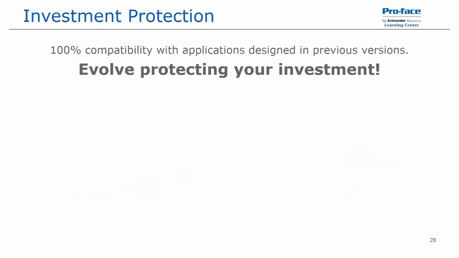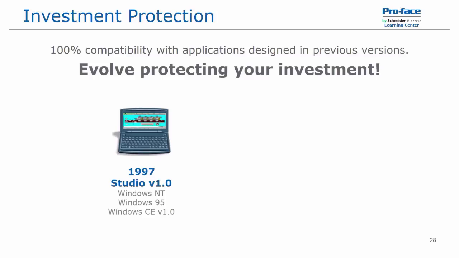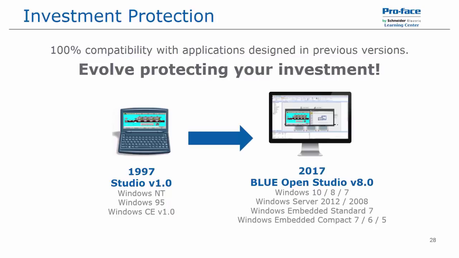Blue Open Studio has been around for quite some time and came to ProFace America through an acquisition. There is 100% compatibility with applications that are designed in the previous versions. So if we look at an application that's designed in 1997 in Studio 1.0, running on, say, Windows 95, we could open that in Blue Open Studio version 8, 20 years later, running on the current Windows operating systems, and have no issues opening or running the application.